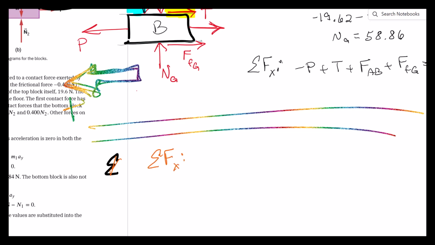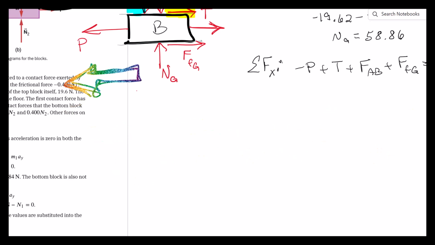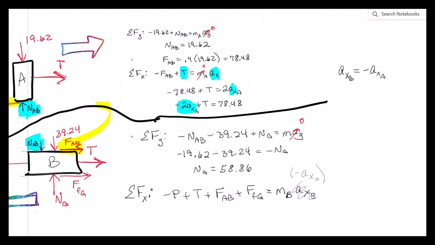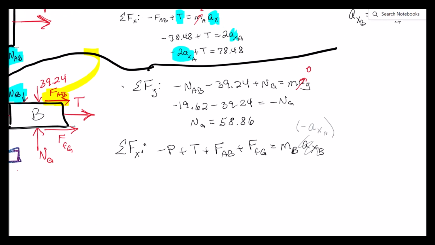But then I could do the sum of the forces in the x where this way is positive. So I'd have negative P plus P minus F_AB minus F_FG minus T, and that equals m_A times acceleration in the x. So you can also do it that way if that works better for your brain. But I feel obliged to do it the other way, just to show that there are two accelerations and that this one acceleration is the same thing as the other acceleration, but in the opposite direction. So that's theoretically what we were supposed to do.